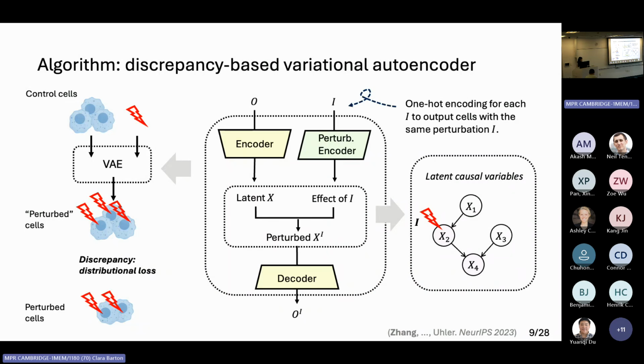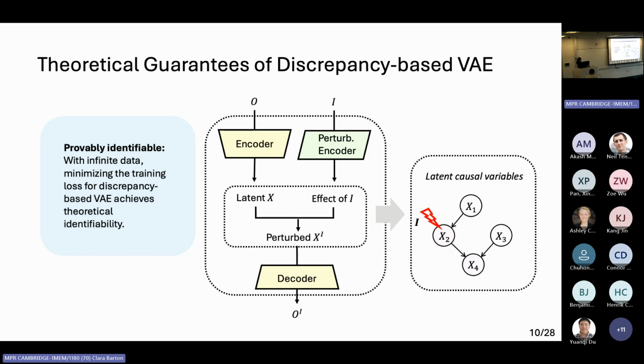So when we learn this whole thing together, we can actually prove identifiability: with infinite data, minimizing the training loss achieves the theoretical identifiability detailed before. Of course, you also have to satisfy the assumptions there. So that's just 2 minutes on how it connects to the previous result.